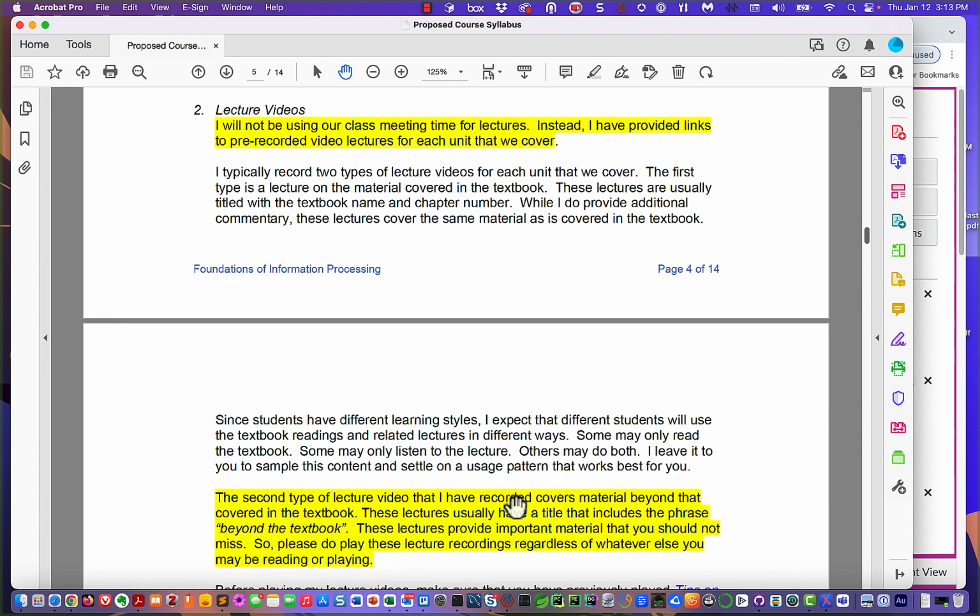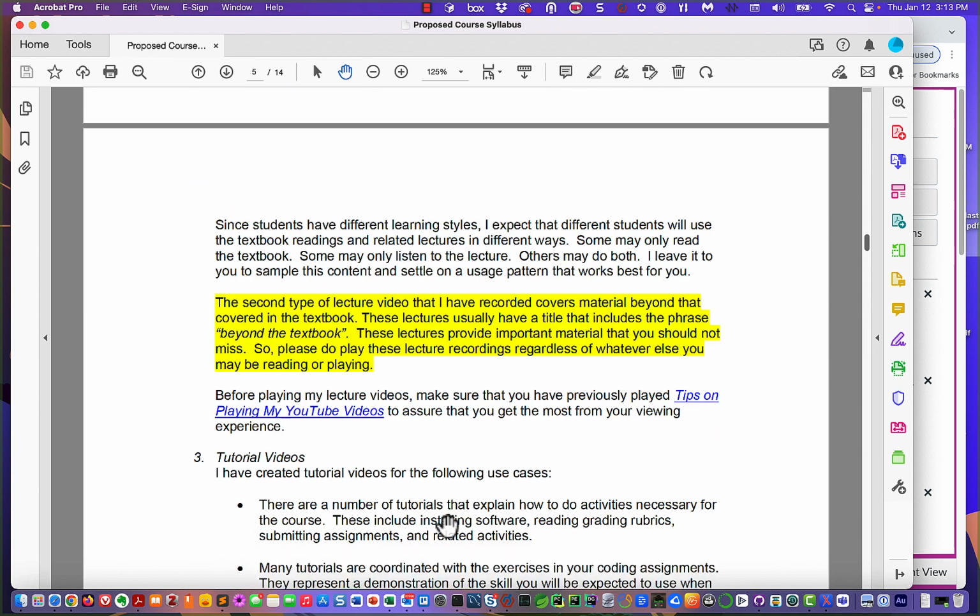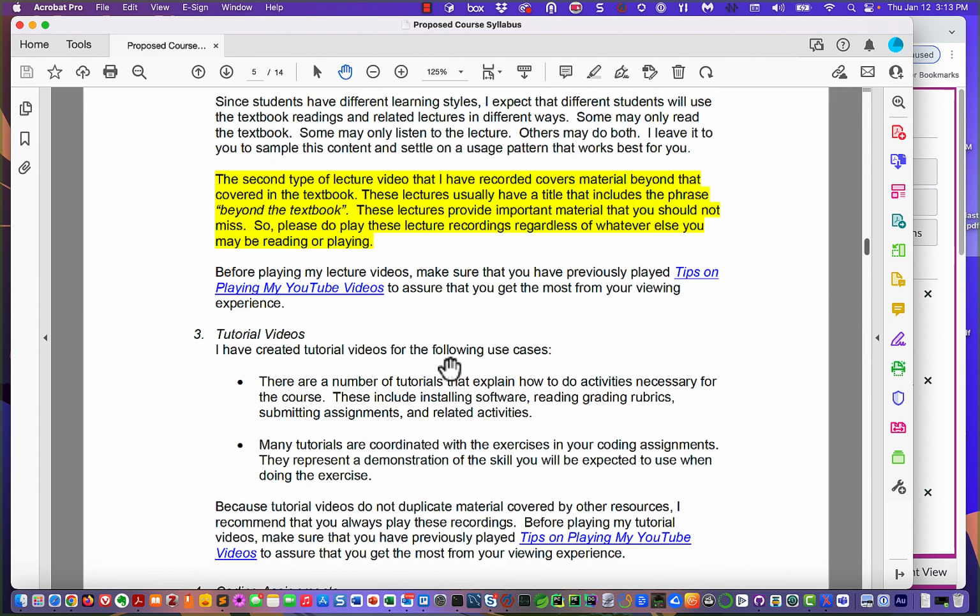The second kind of lecture that I have is called Beyond the Textbook. This isn't in the book, so play these for sure, because I want you to know these things. The tutorial videos fall into two categories. The first one has to do with how to install stuff, how to submit things, how to read our grading rubric. Definitely play those.